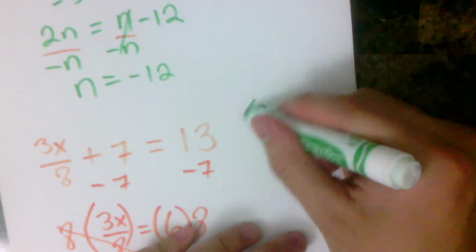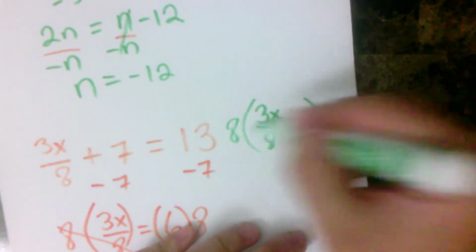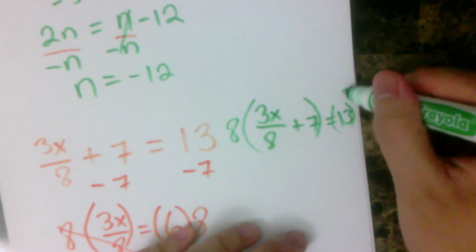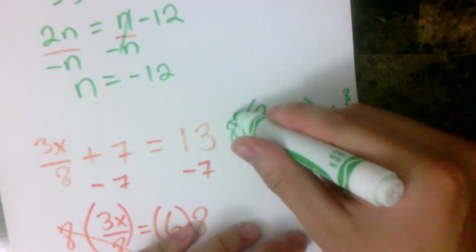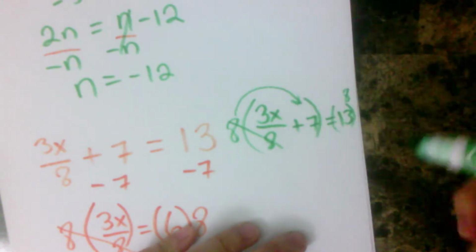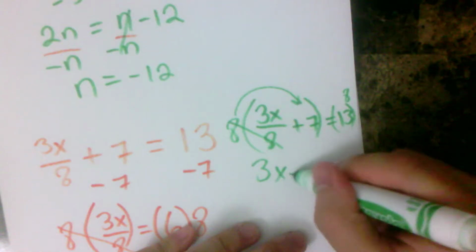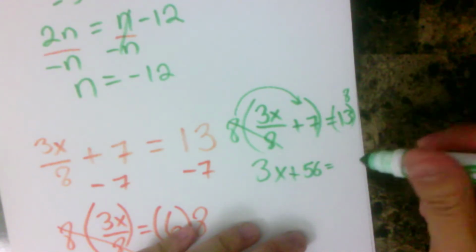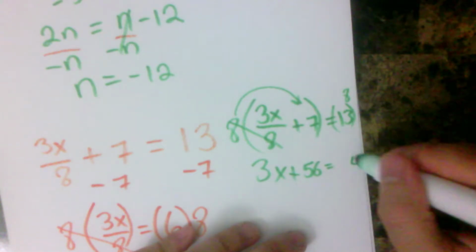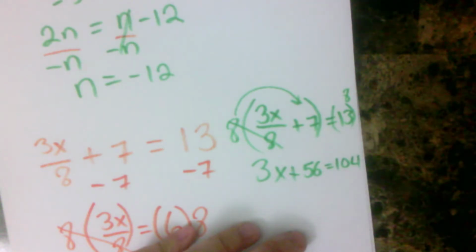When I multiply both sides by 8, you have to remember to also multiply that 7. That can get confusing. Okay, so these 8's will still cancel, but you still have to distribute this 8 to that 7. So you end up with 3x plus 56 equals 13 times 8, which would be 104.